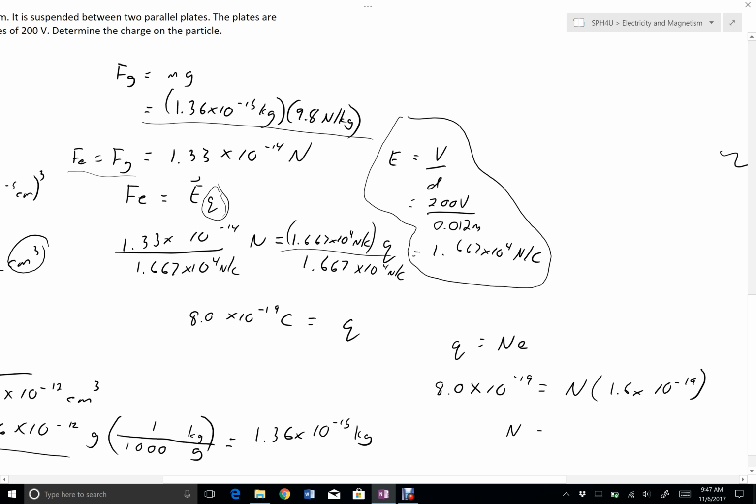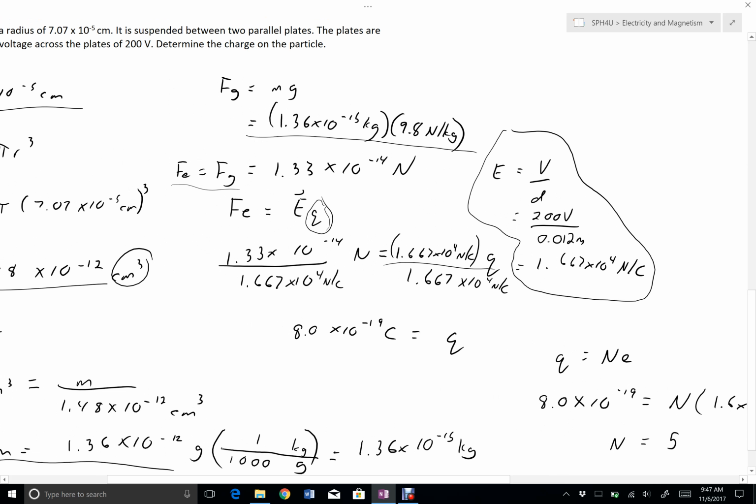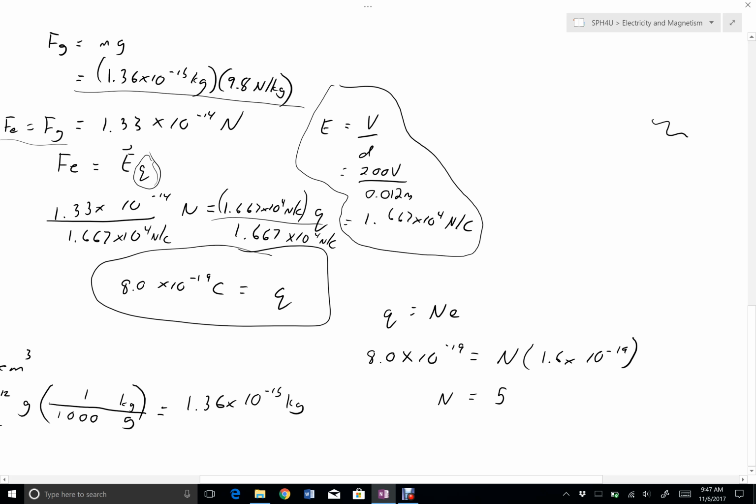So n here works out to be 5. So that's how Millikan was able to come up with very, very sensitive measurements of charge. And every time he did this last step, he always determined that n was a whole number. So all these charges that he came up with were always whole number multiples of this number.